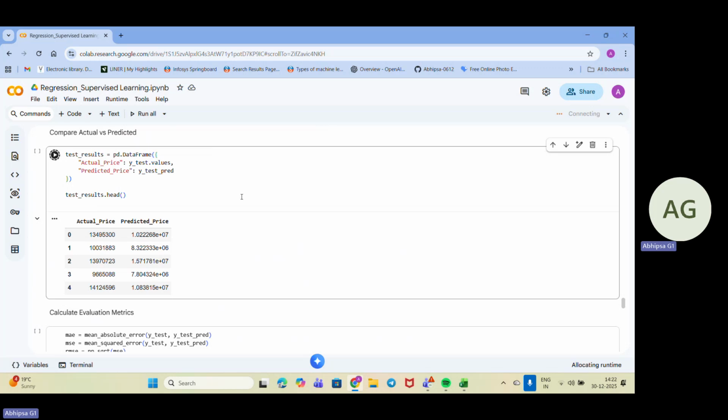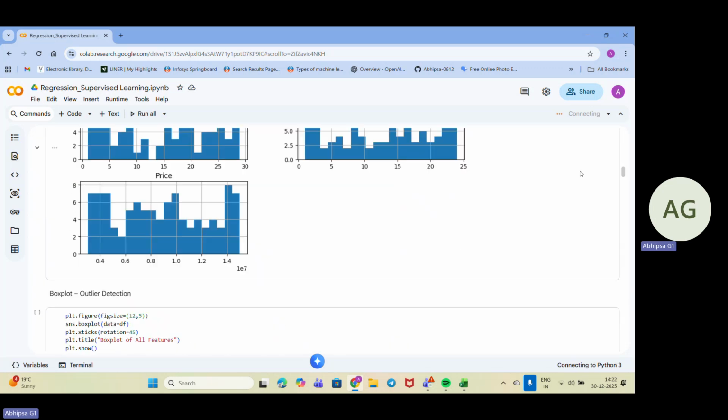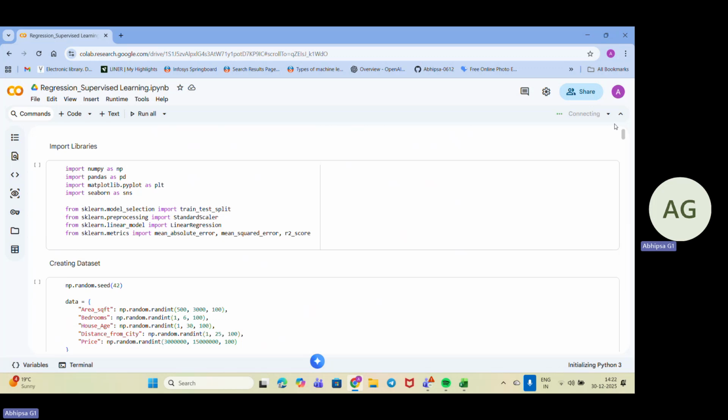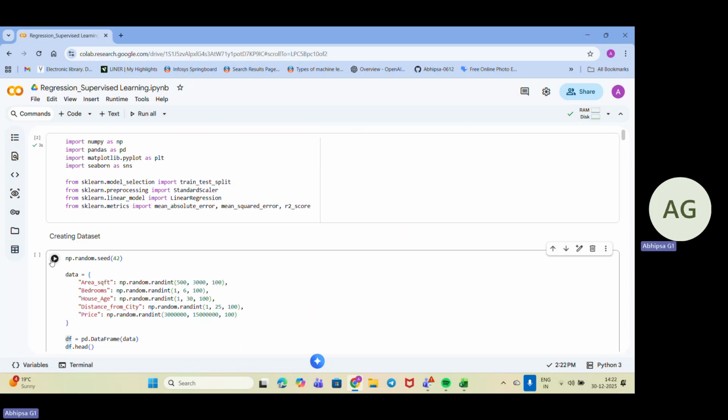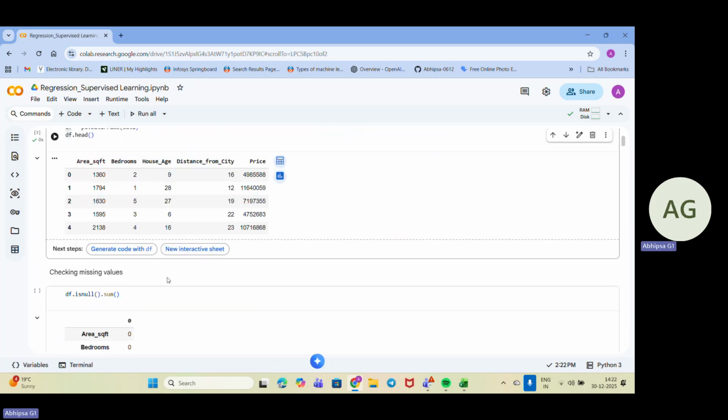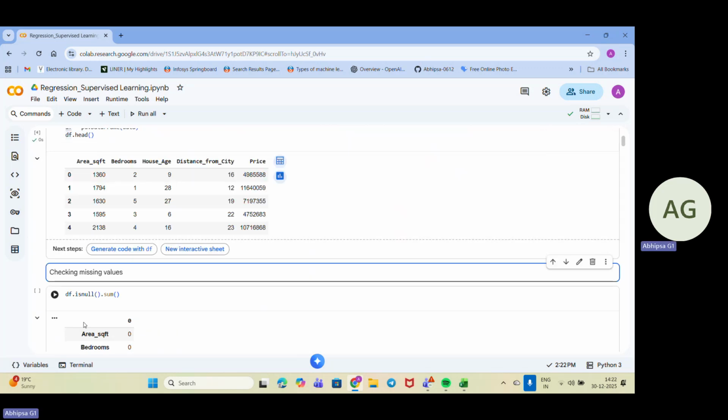So let's run it first. Okay, it won't run because we need to run it from the beginning, as we haven't loaded the data set. So let's run it from here. Just a moment. Okay, we are running each of the cells so that it becomes easier to understand.